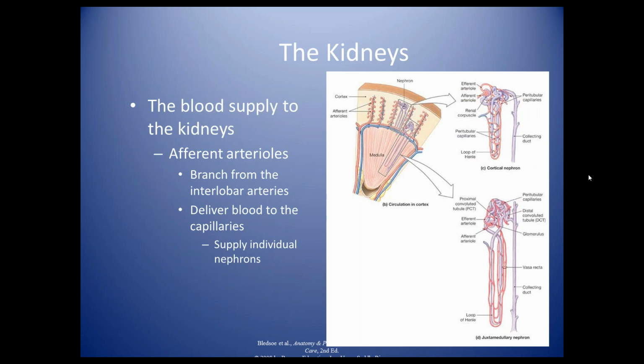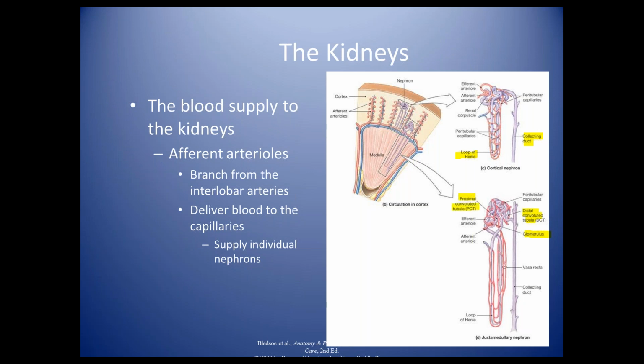A couple of the main spots that I want you to be aware of are going to be, and I'm going to switch over to my highlighter, the loop of Henle. This is where most of our exchange of fluids is going to be coming in, our collecting duct, where it's going to be coming out. We have our glomerulus. That's going to be our main area, with the distal and proximal convoluted tubules.